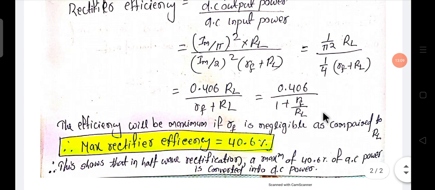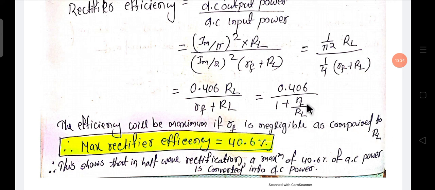Here you see when RF is negligible as compared to RL, then the efficiency will be maximum. That means the resistance of the diode, RF, is negligible as compared to RL.